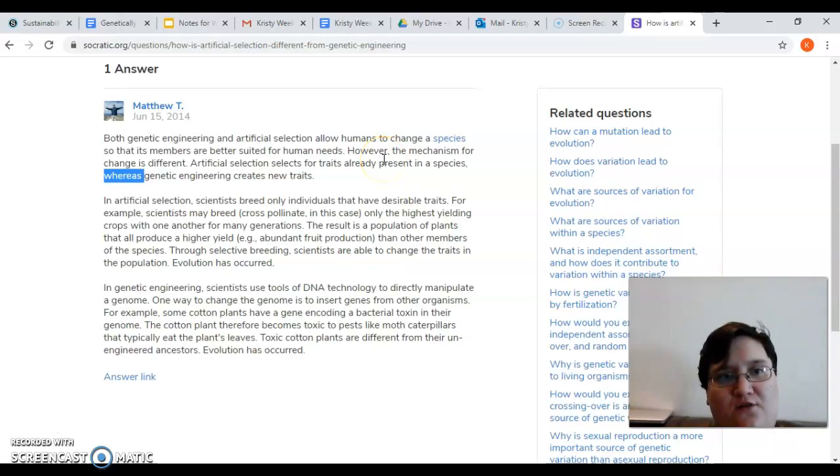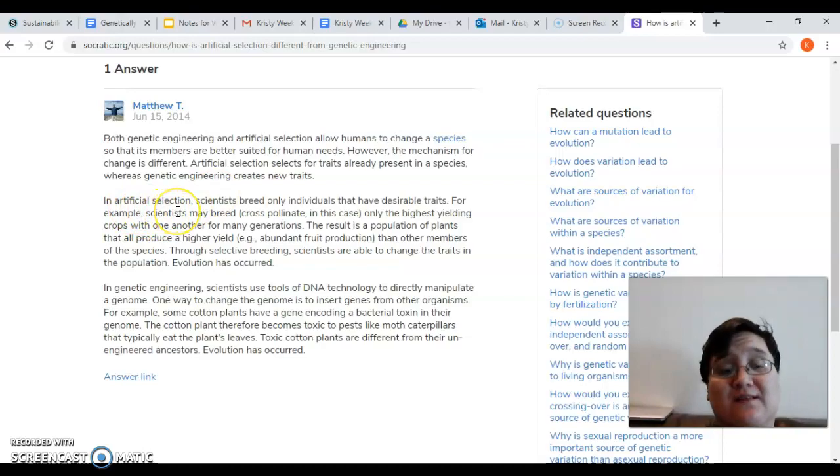However, the way they get that change is different. Artificial selection selects for traits that the species already has, whereas genetic engineering can actually create new traits.